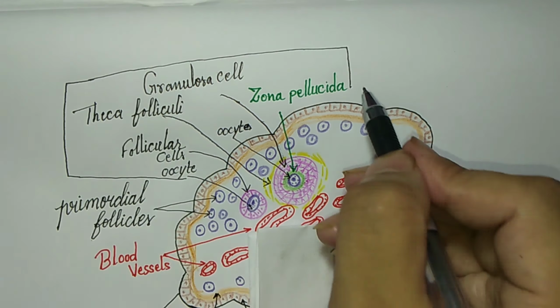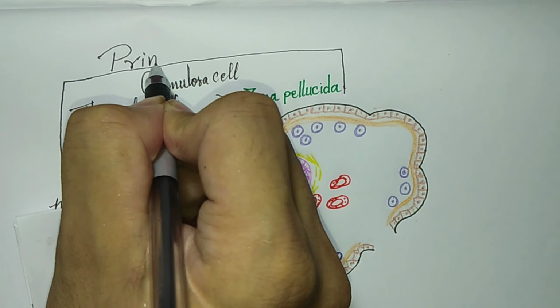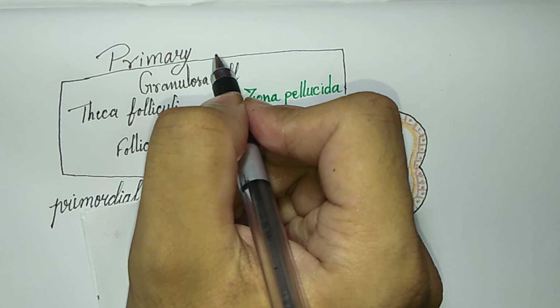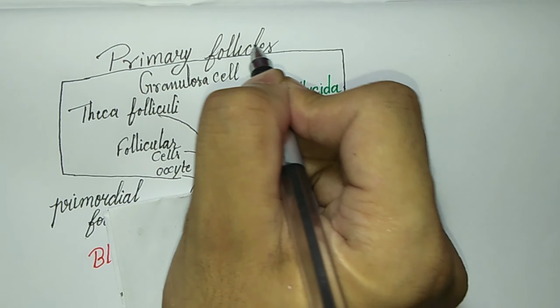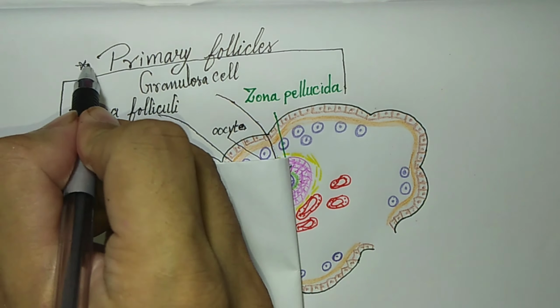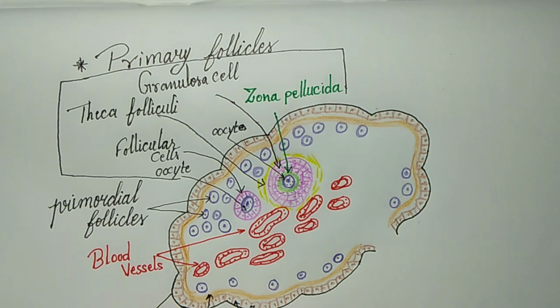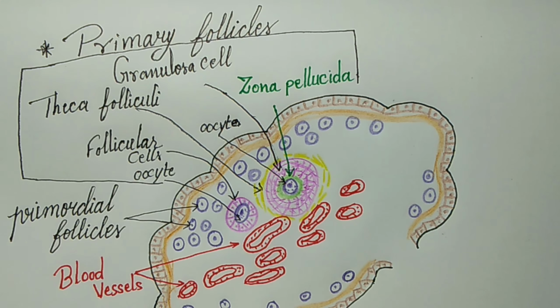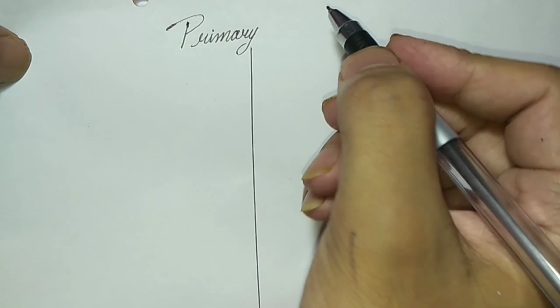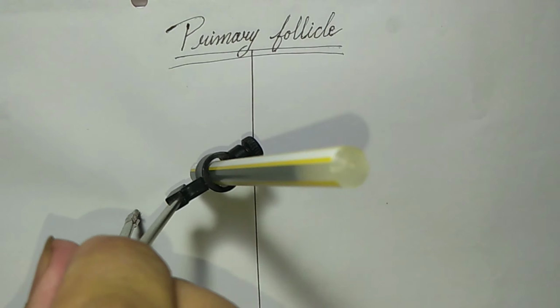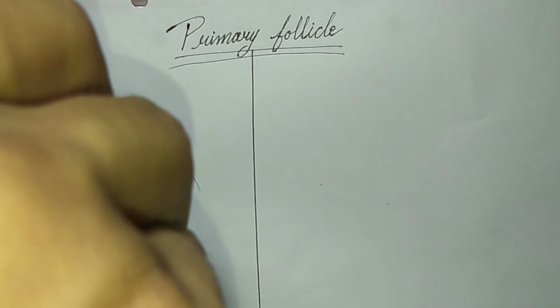All this structure comes under the primary follicles. We will see the larger structure of primary follicles, mainly the unilaminar and multilaminar. We will make a line for unilaminar and multilaminar of primary follicles.